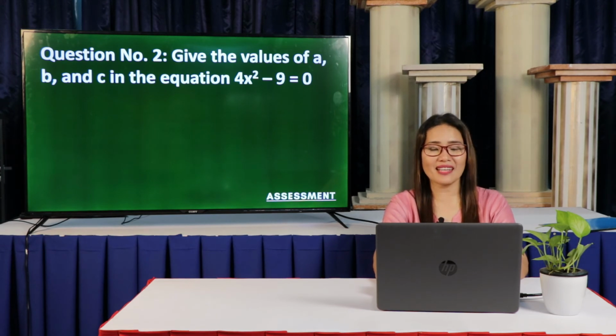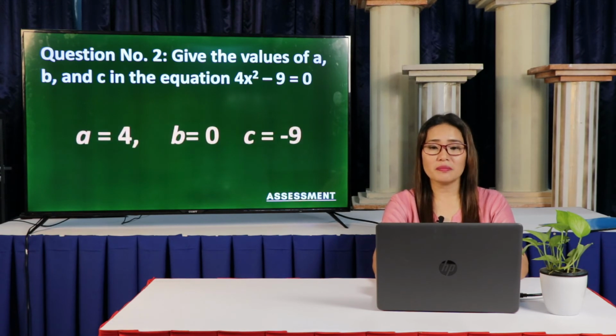You have 10 seconds to answer. Time's up! The value of a is 4, b is 0, and c is equal to negative 9. A very nice job! Now we will proceed to our third and final question.